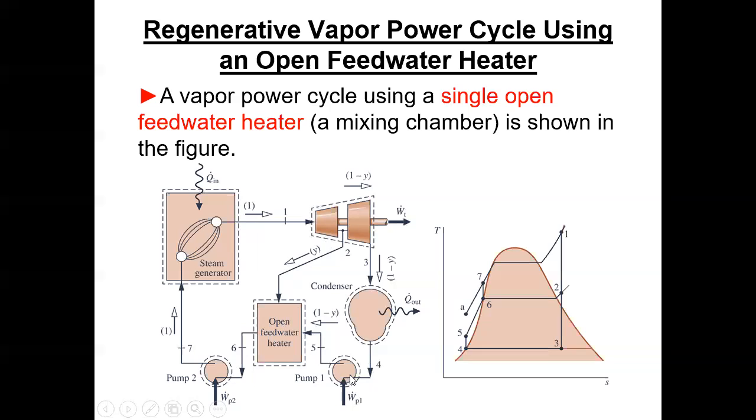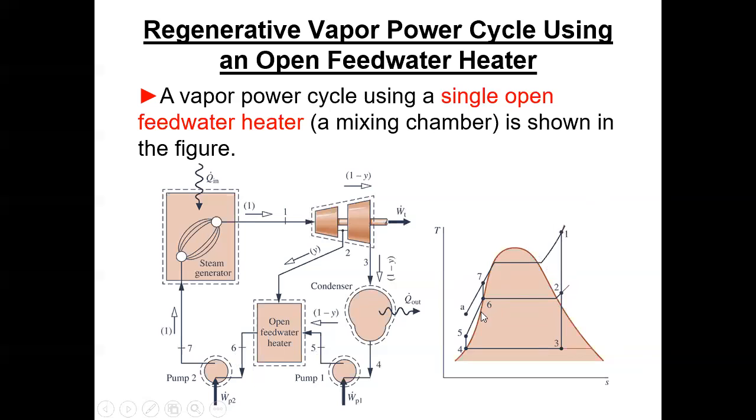And so for the ideal cycle, if we draw the diagram, we go from 1 to 2, that's the first turbine section of the high pressure turbine. Then we take some of that extraction steam from 2, and it's going to wind up over here at 6.